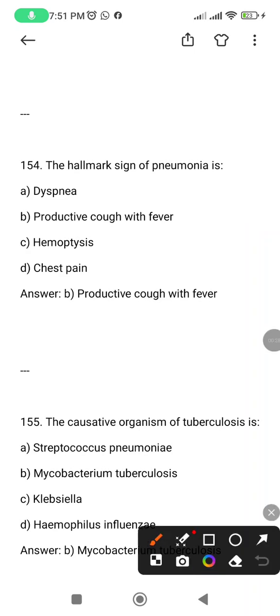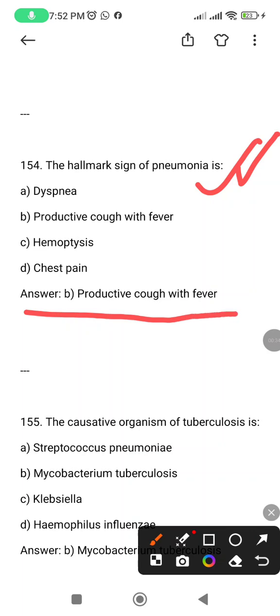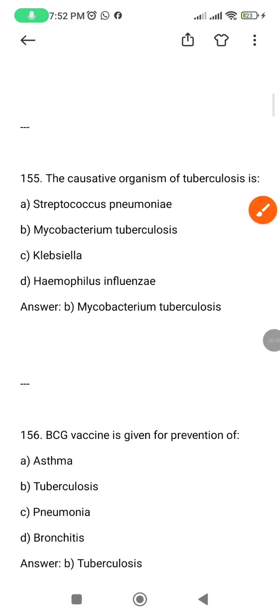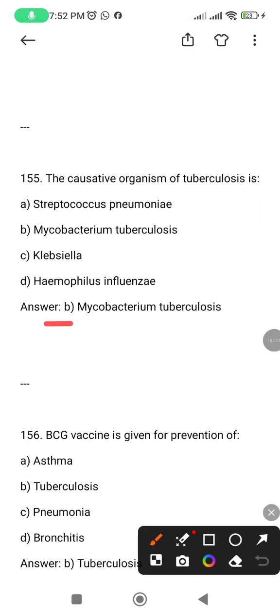The hallmark sign of pneumonia. Answer: productive cough with fever. The causative organism of tuberculosis is Mycobacterium tuberculosis.